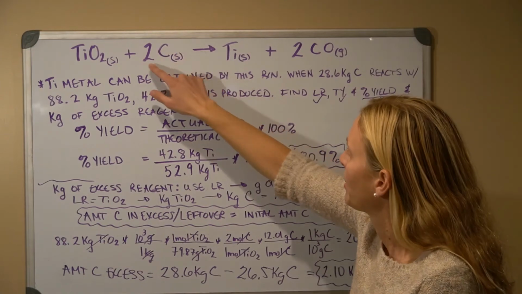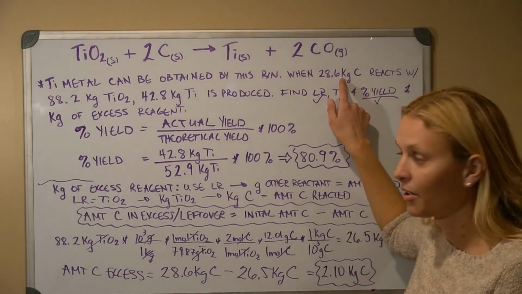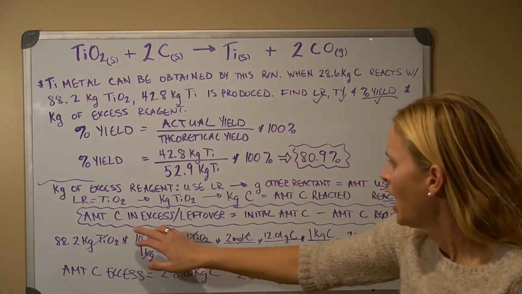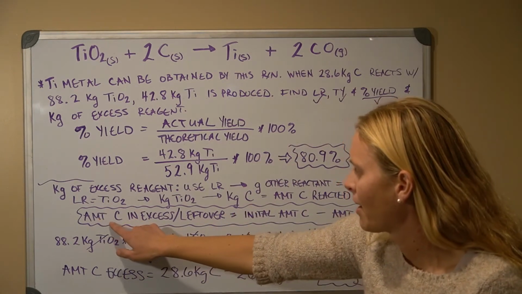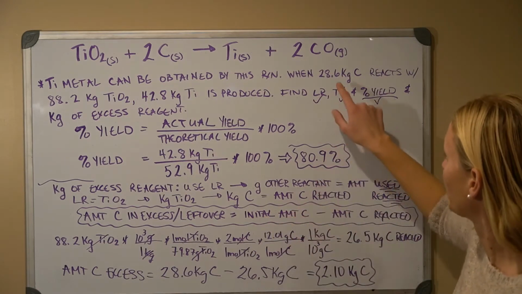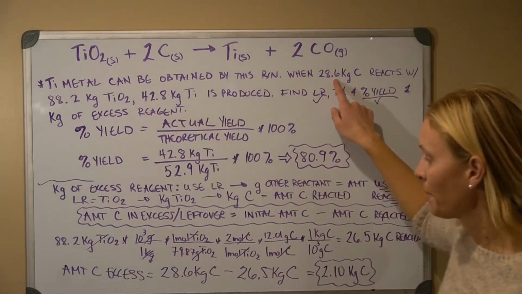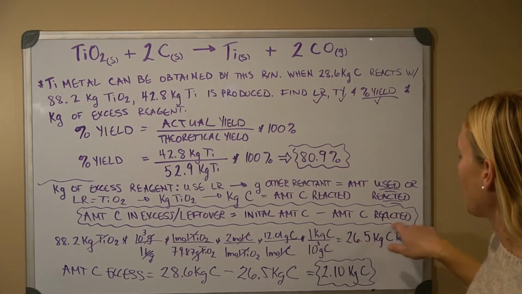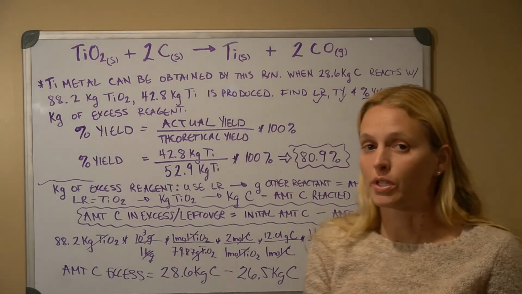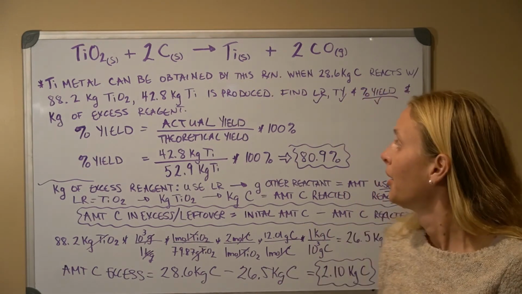That's how much is used. This is how much I had to begin with, right? So how do I figure out the amount of carbon in excess? Well, it's going to be the initial amount of carbon, which is what I initially had when I added it to react with that, minus the amount of the carbon that actually reacted. So that difference is going to tell me how much I have left over, right?